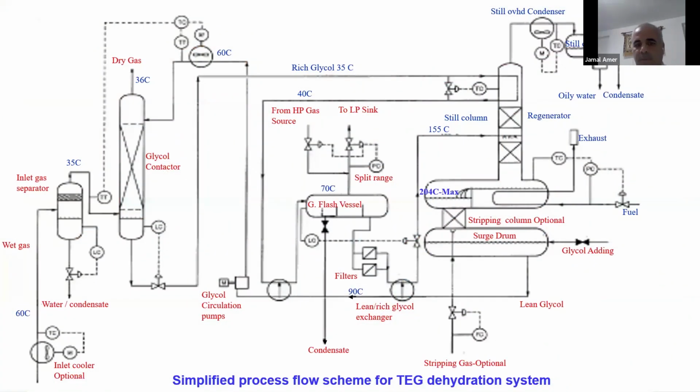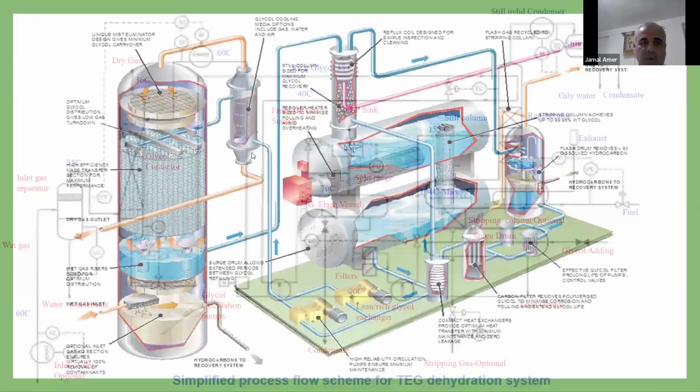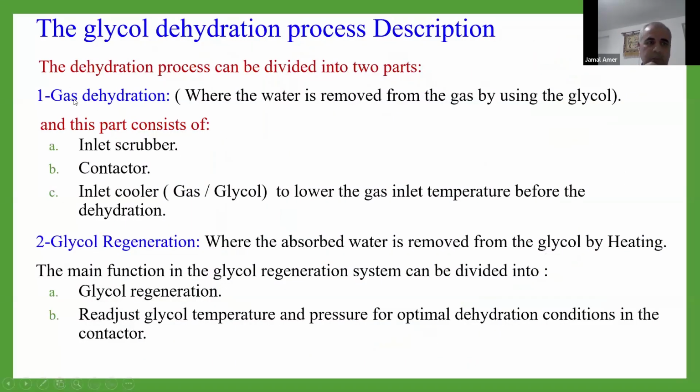For the glycol dehydration unit, we can divide it into two sections. One section we call gas dehydration and the other glycol regeneration. For the first part, what is the main component in gas dehydration?